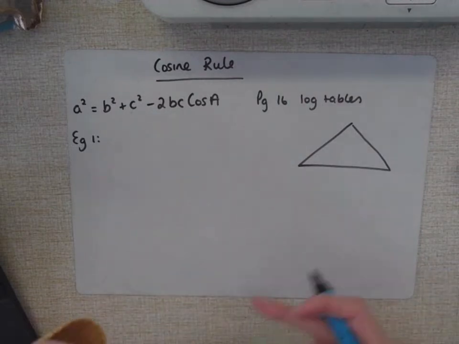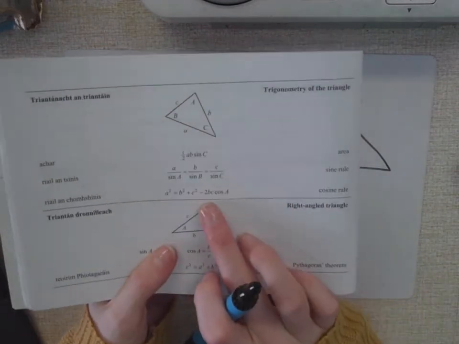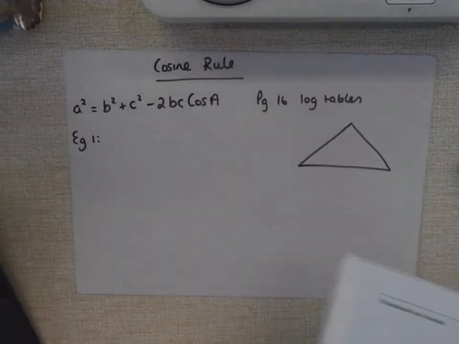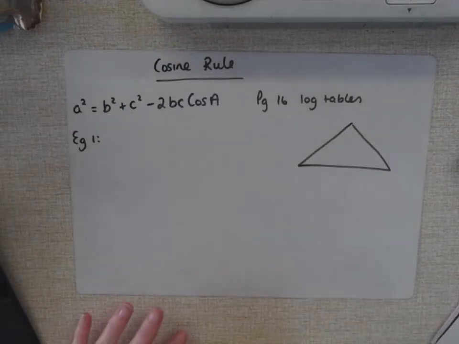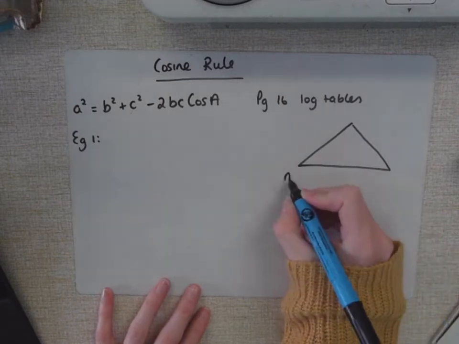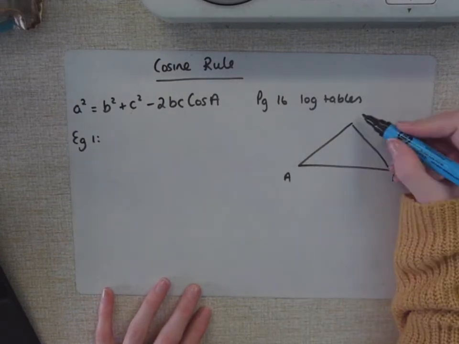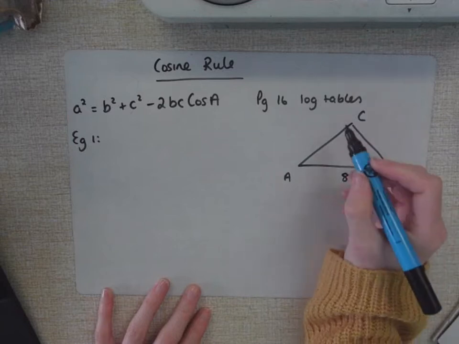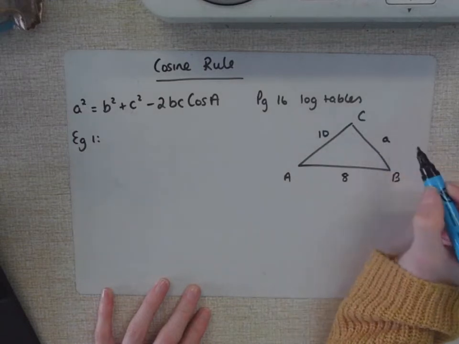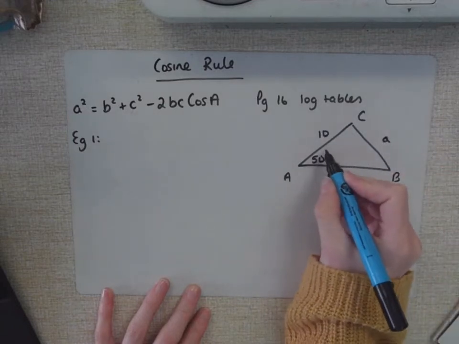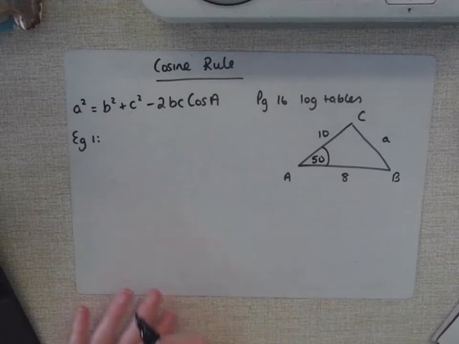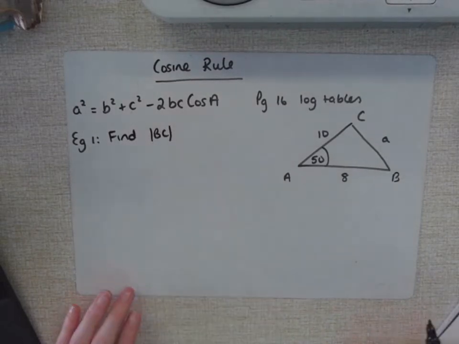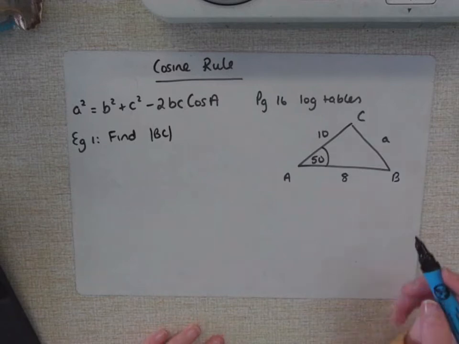Okay, so they give you this version, which is what we've written down there. And if we're interested in the angle, we just have to rearrange. Okay, so for example, find BC.